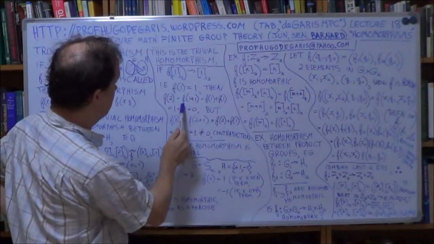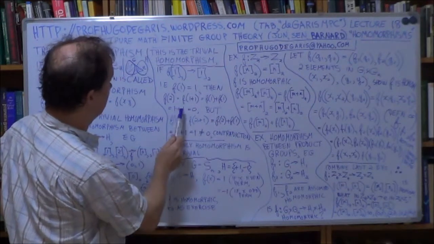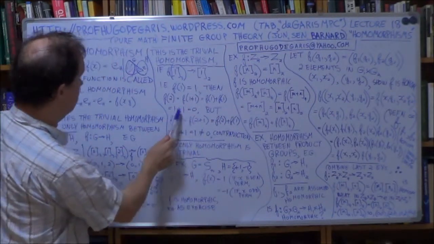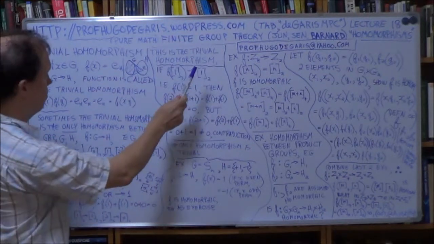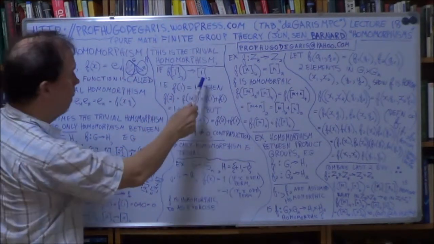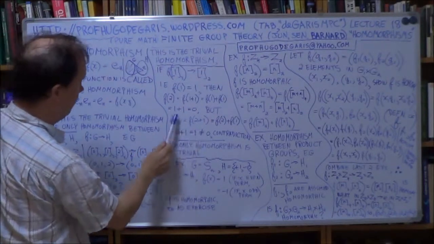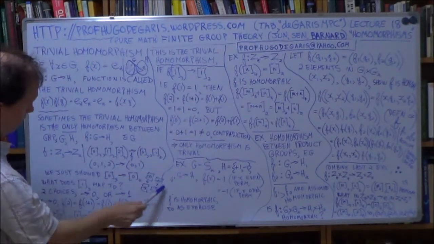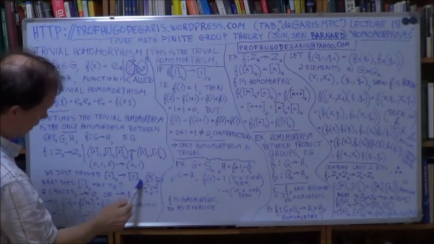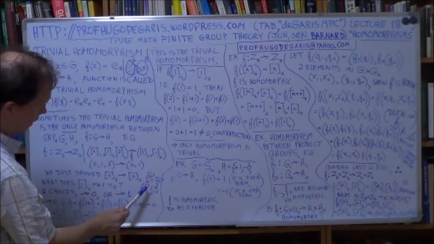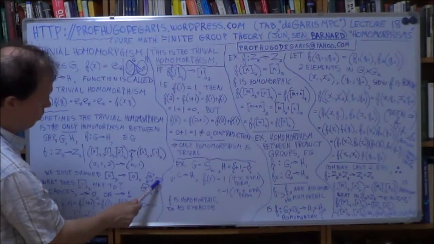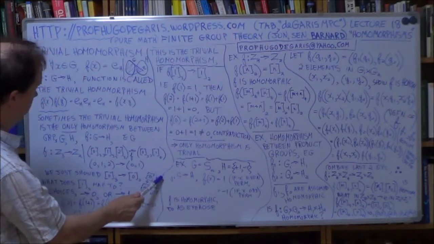Now these ones here, what are they? This one here is this. 1 plus 1 would be 1 plus 1, which is 2, but this is on the right hand side.